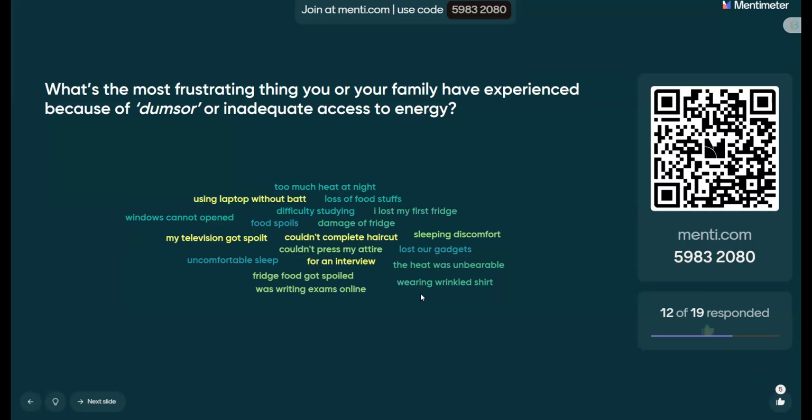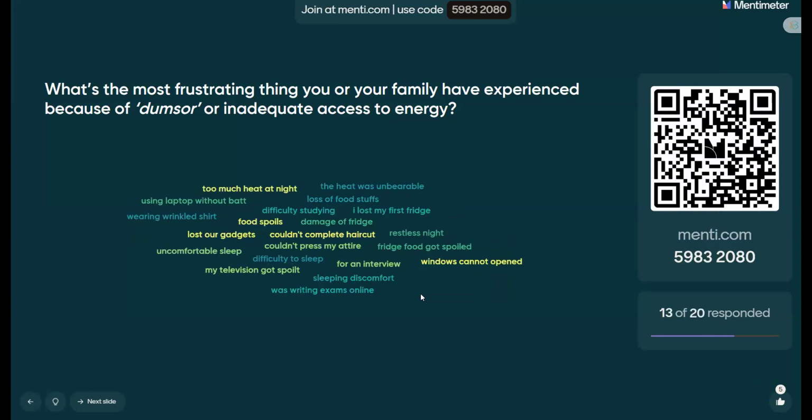And begin to think. Your mind shouldn't just go to small, off and on, but also to where there was an outage for maybe 1 week, 2 weeks, those dumsor times, 2015. If you were born by then, and definitely all of you were born by then.